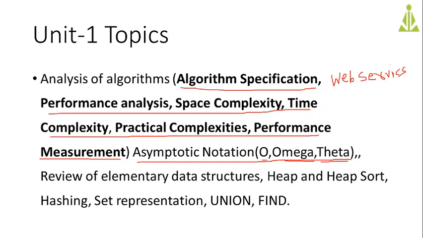Review of elementary data structure. Whenever we are talking about space complexity, we must have a data structure. So we saw the heap and heap sort, and some of the data structures like array, link, stack, queue.